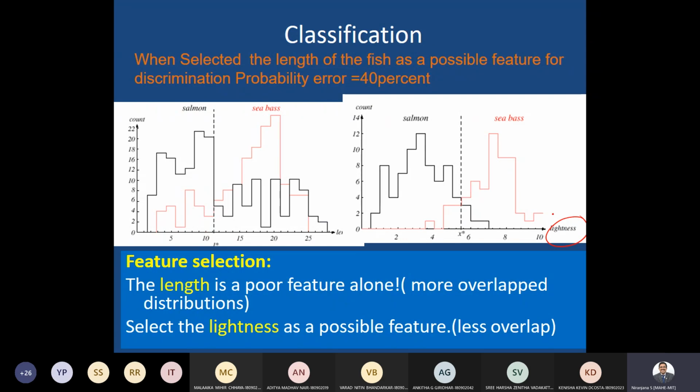However, in the case of lightness, it is seen to improve. If it is 40% error here, it is decreased there. Error decreased. Performance improved. The region of overlapping is decreased here, right? The red region tail here is decreased compared to this. So when you choose an appropriate feature, with the single feature itself, you can improve the performance. That is what you can observe here, right? The performance of the model improved from this model to this model.